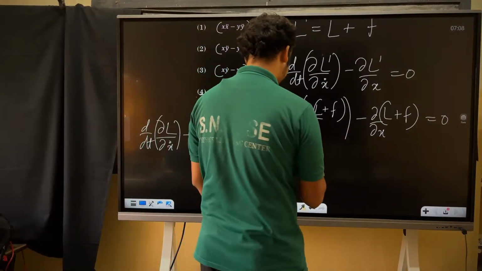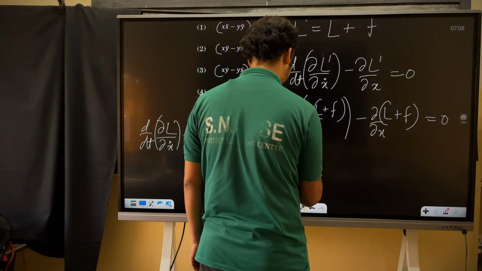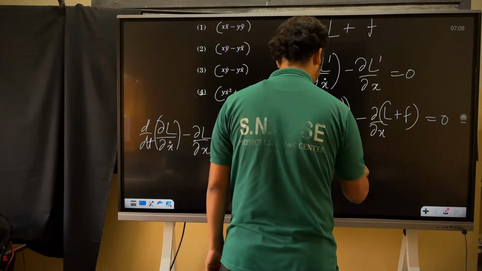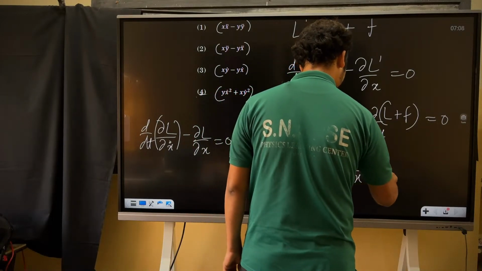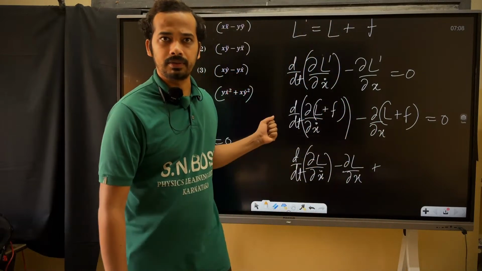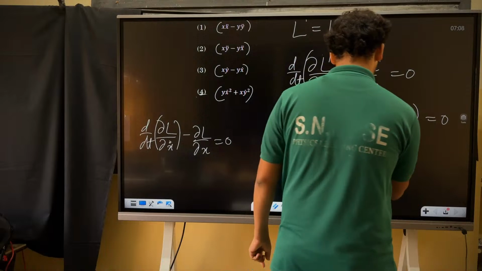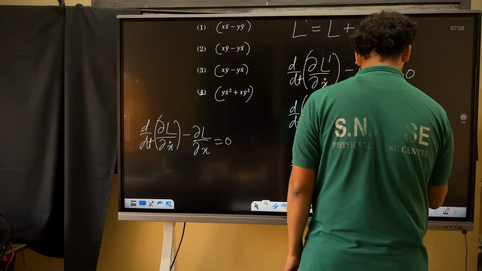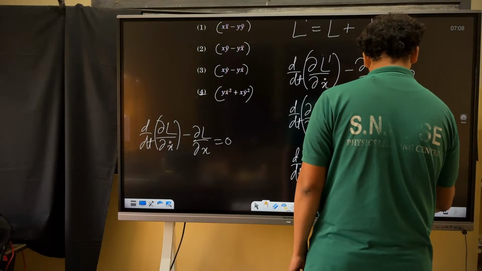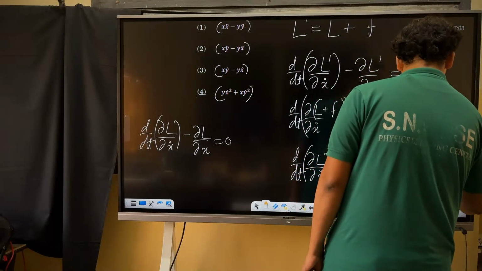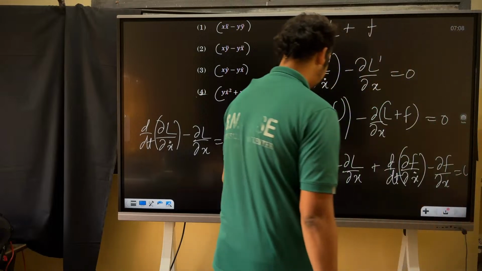Now, when I split this: d/dt of ∂L/∂ẋ minus ∂L/∂x, plus d/dt of ∂f/∂ẋ minus ∂f/∂x equal to 0. These derivatives are linear operators, so you can always do that.